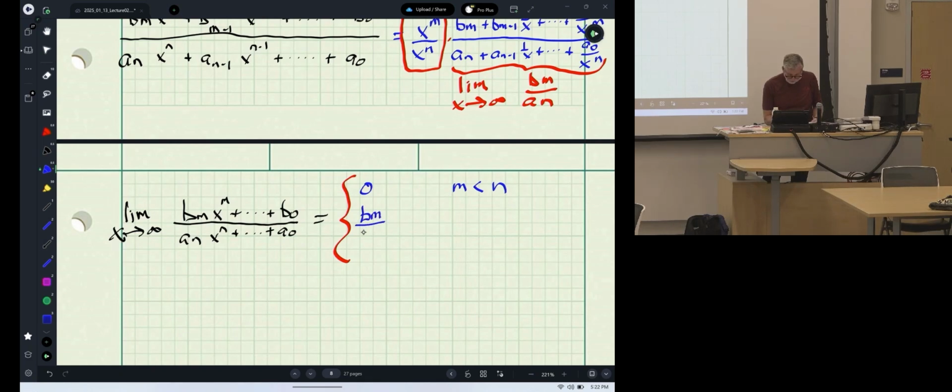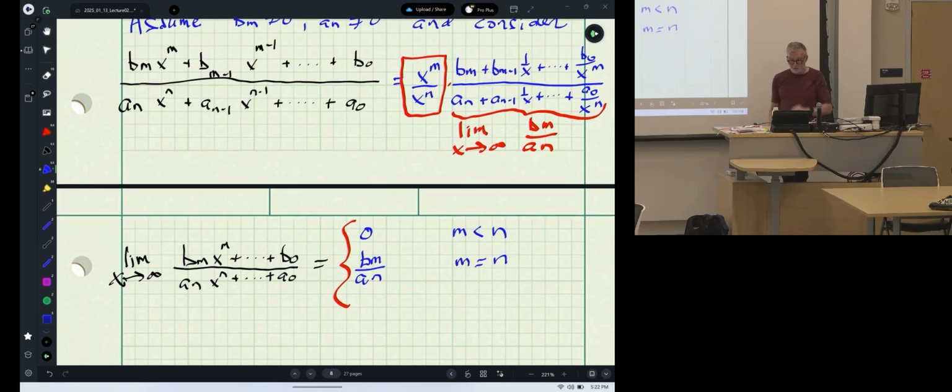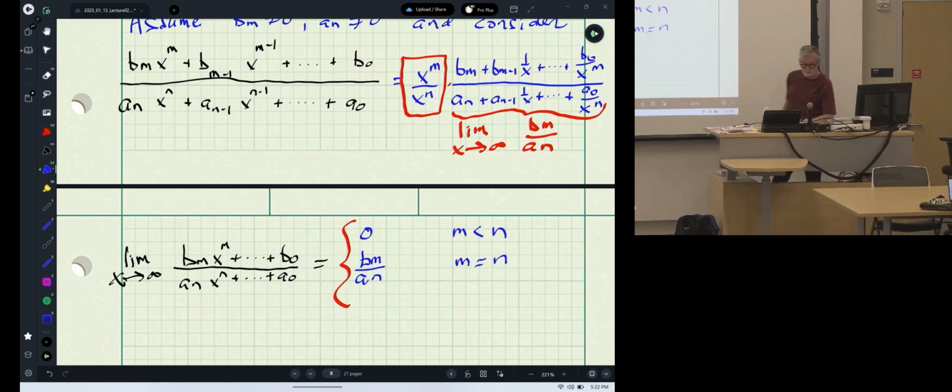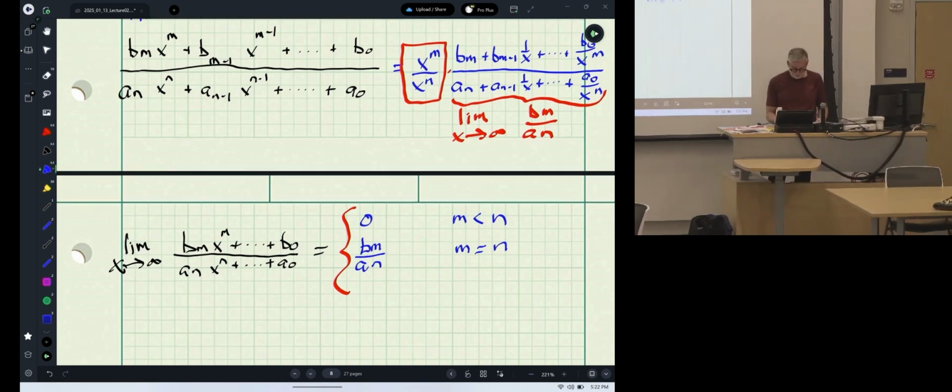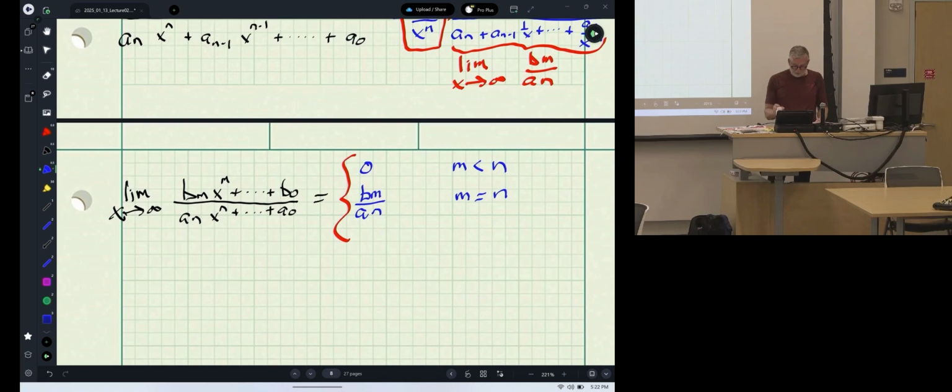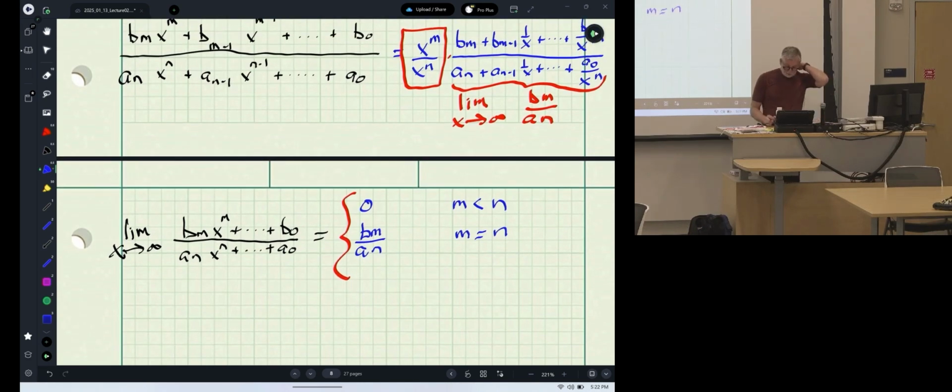You get b_m over a_n when the two terms have equal degree, m equals n, and we just get b_m over a_n. Now what happens when m is larger than n?